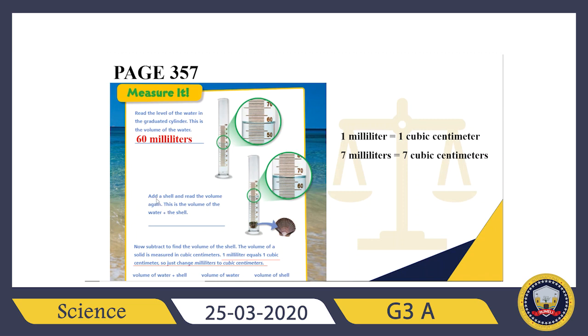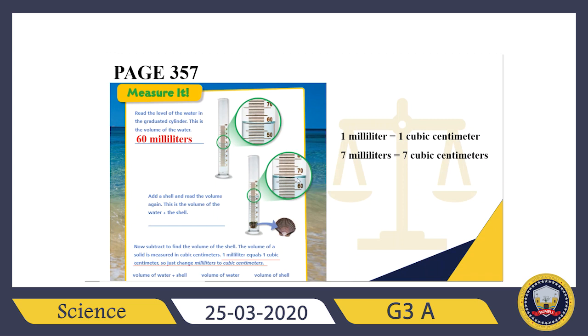Then add a shell. In the first picture there was no shell inside this liquid, but right now we will add a shell. Add a shell and read the volume again. This is the volume of the water plus the shell. I already know the volume of the water. Right now I need to find the volume of the shell.